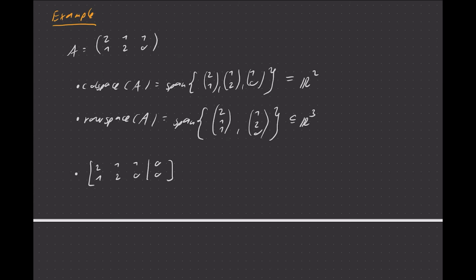We just subtract half of the first row from the second one. And that will yield, let's see, a 0 here. 2 minus 1 over 2, that will be 3 over 2. And minus 1 over 2 here. That's a 0.